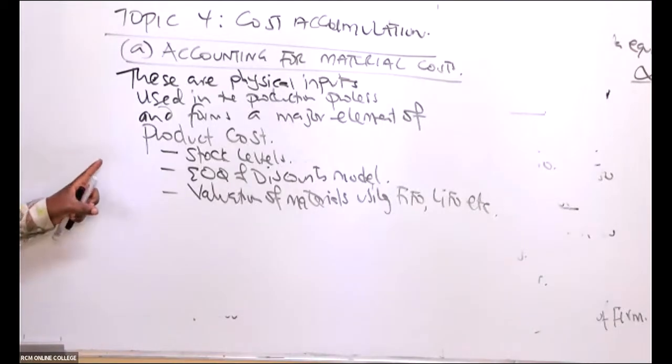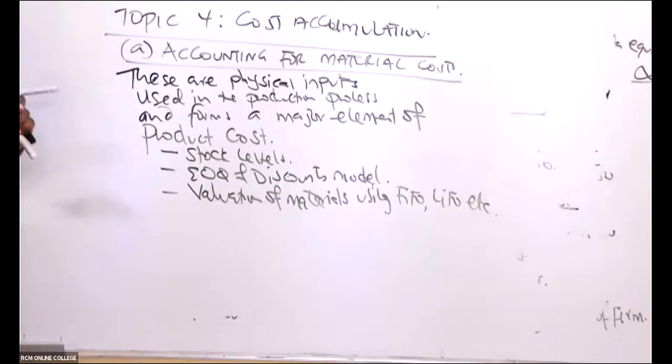And we shall start with the first one, stock levels, of which I would want us to go to the past paper. I hope we have our past papers. How far are we? So we are doing topic number 4, accounting for costs. And the first one is the material costing.